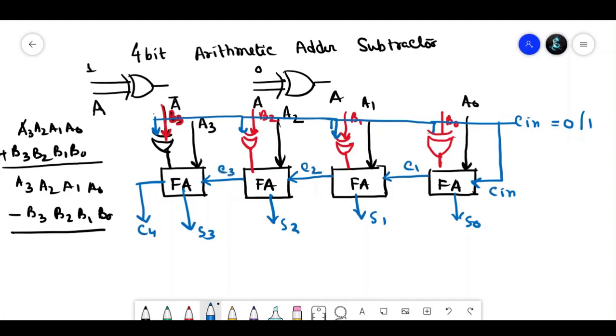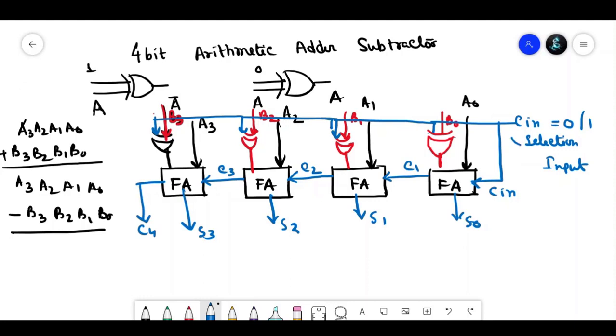So here if we write this C in as the selection input, it determines the operation, whether it will be the addition operation or the subtraction operation. C in is basically the selection.